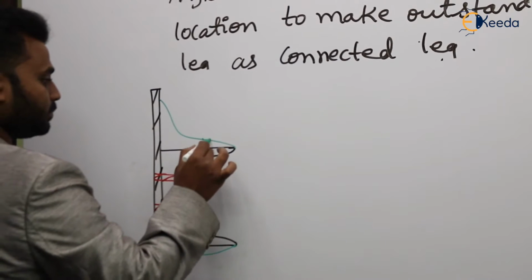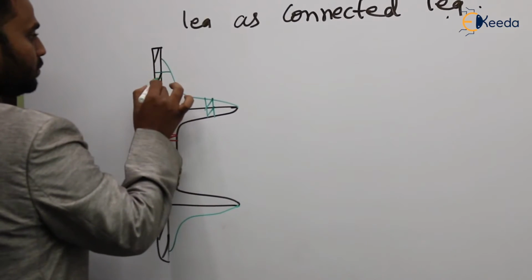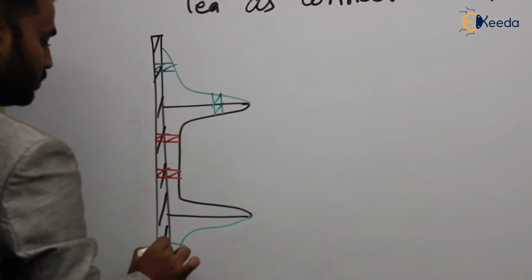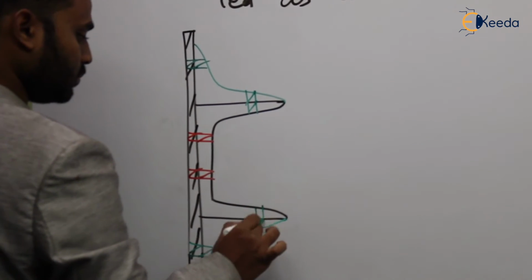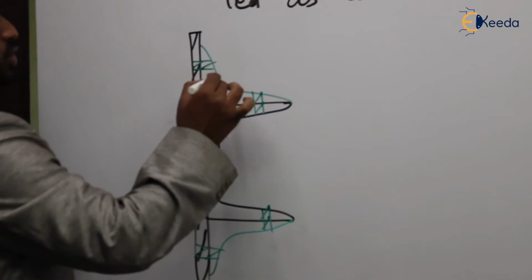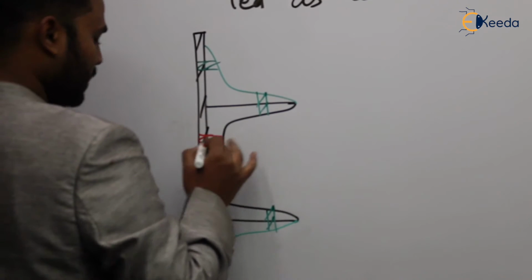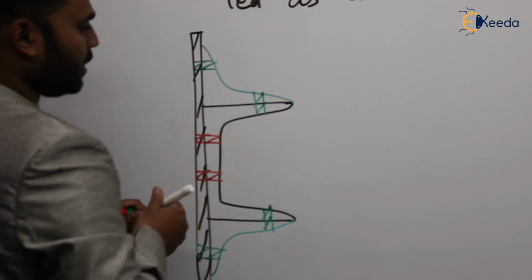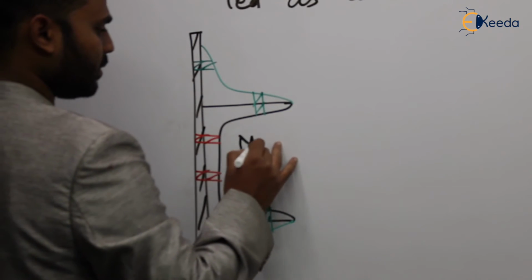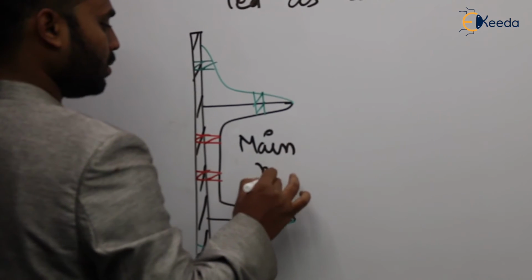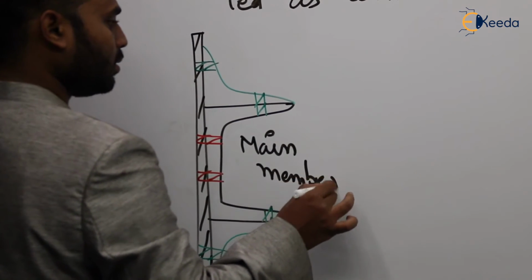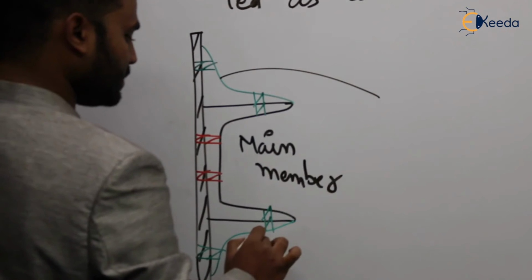Clear? Here these two are called lug angles. This is the main channel, our main member, and these two are the lug angles.